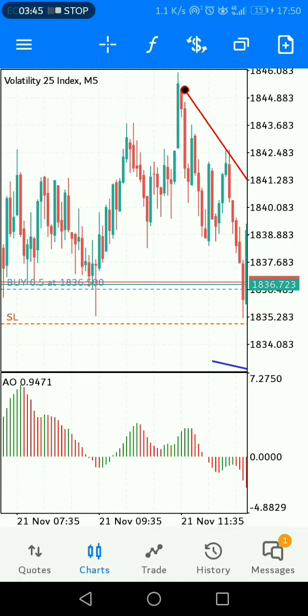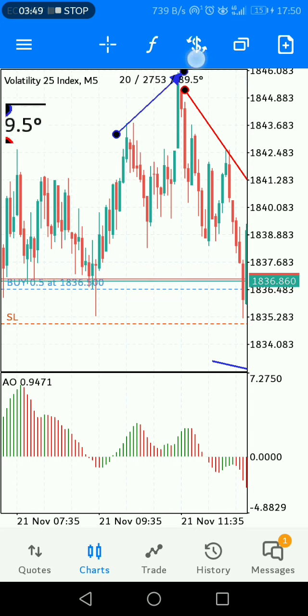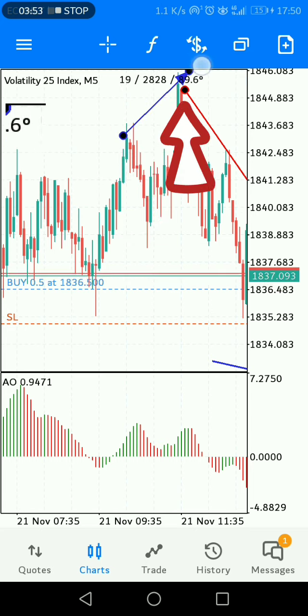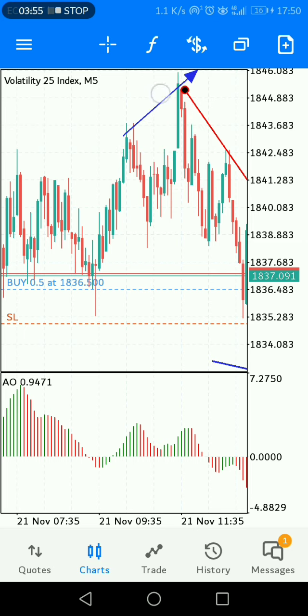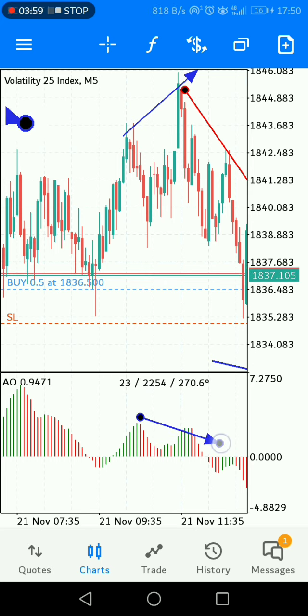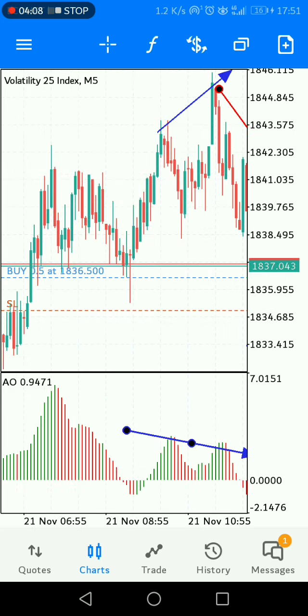You can see when this market was in an uptrend from this point to this point, it created a higher high. So from this high here to this next high right here, you can see this is a higher high, but our awesome oscillator was now showing you a reversal in momentum. Now the awesome oscillator is moving to the downside, and you can see the market was still moving to the upside.